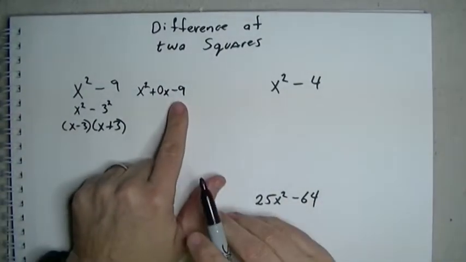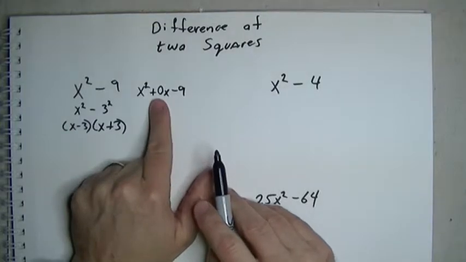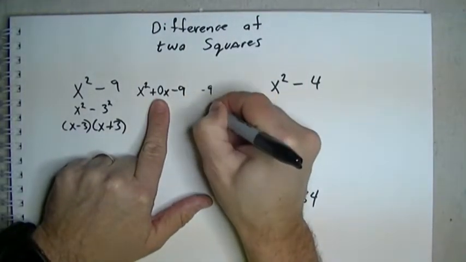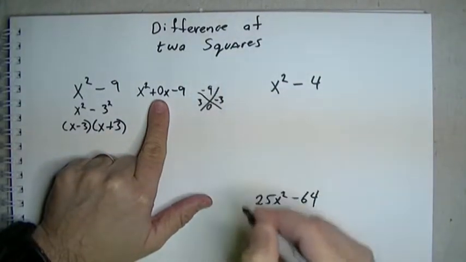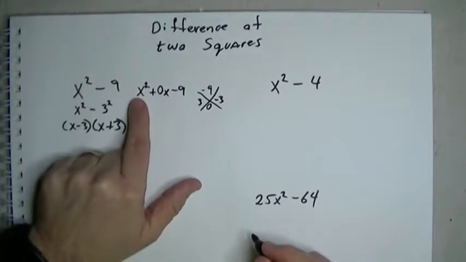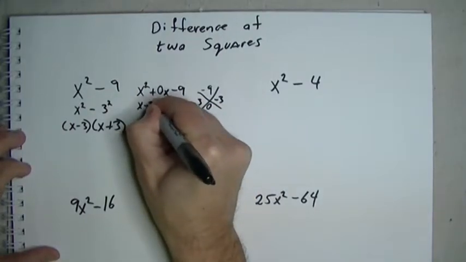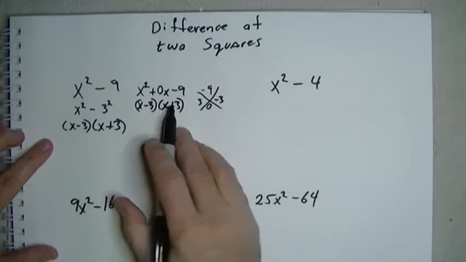And now you're thinking, well, I need two numbers that multiply to -9 and add up to 0. Well, guess what? Two numbers that multiply to -9 and add up to 0 are positive 3 and negative 3. And if you remember how to factor a trinomial where the leading coefficient is a 1, boom, x minus 3, x plus 3, and you've accomplished the same thing.